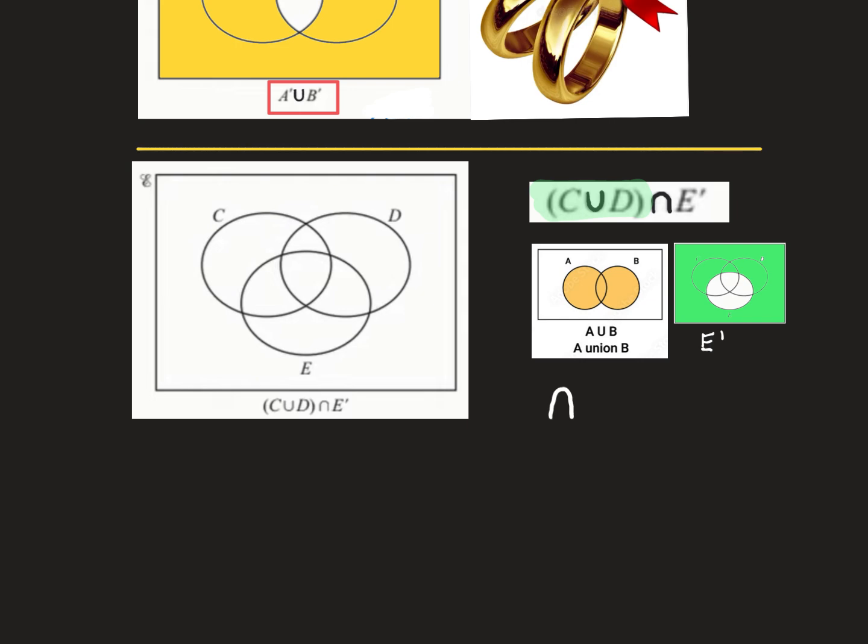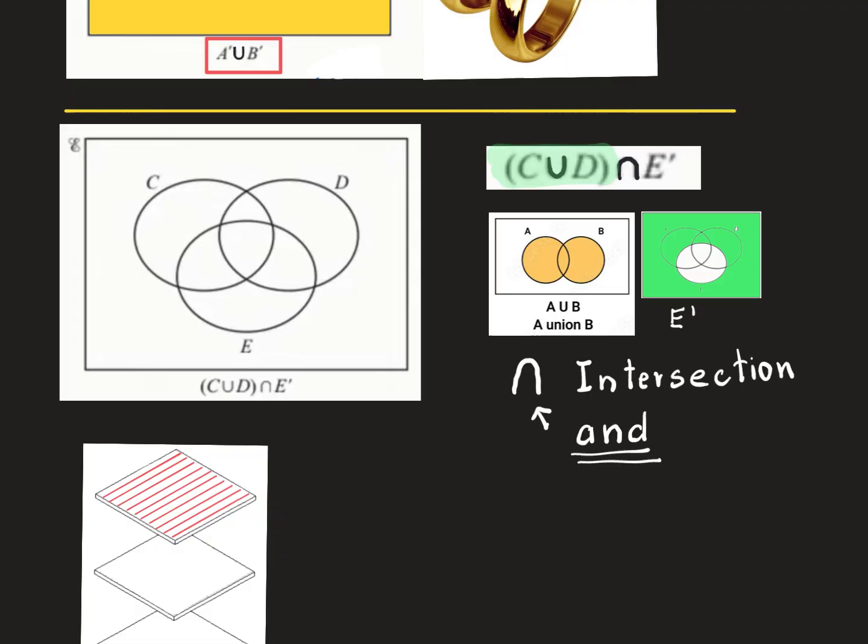This sign over here is the intersection of these two, and usually we commonly use the word "and". So whenever you see the word "and", you know that we're talking about intersection.